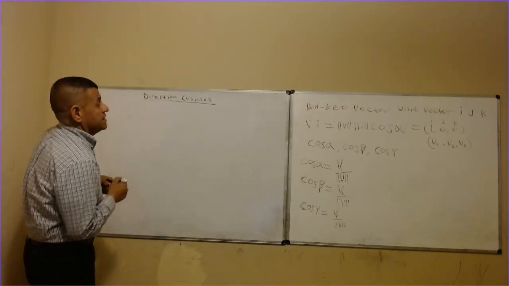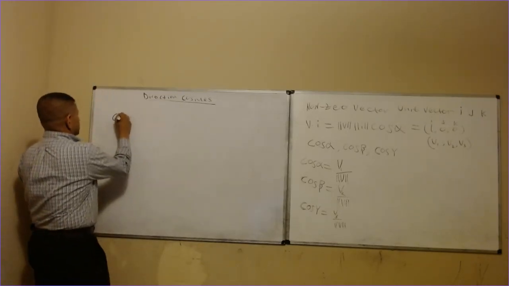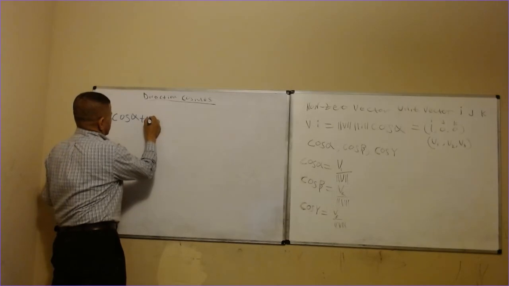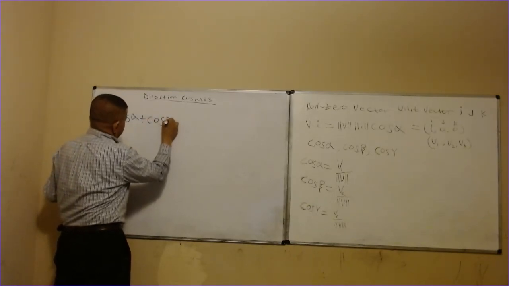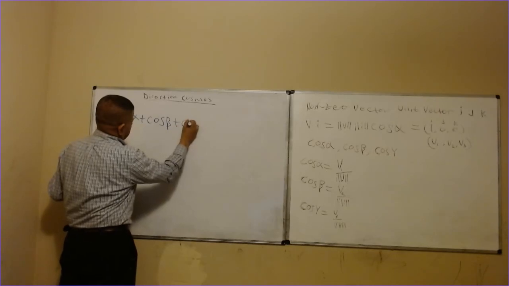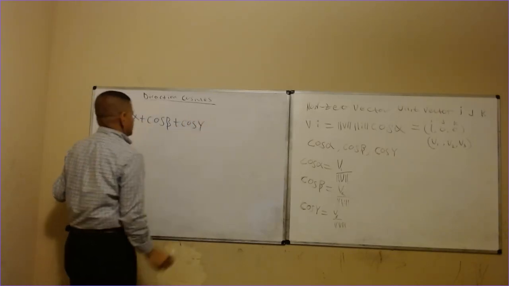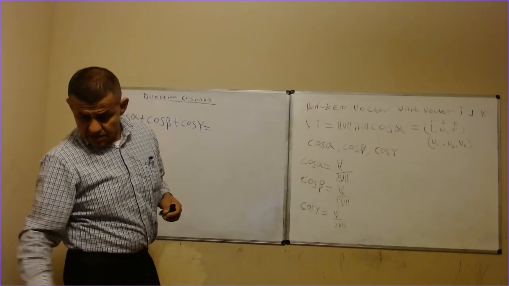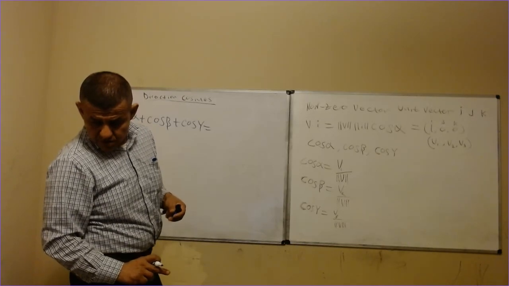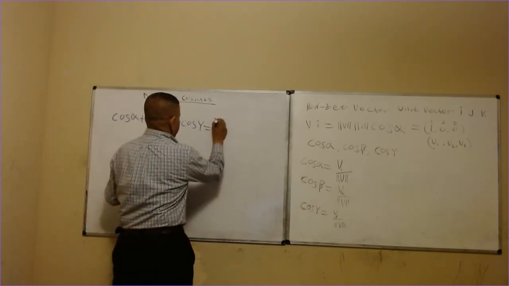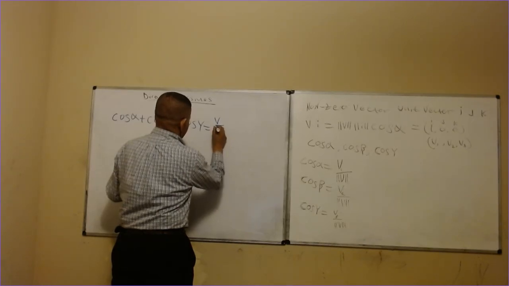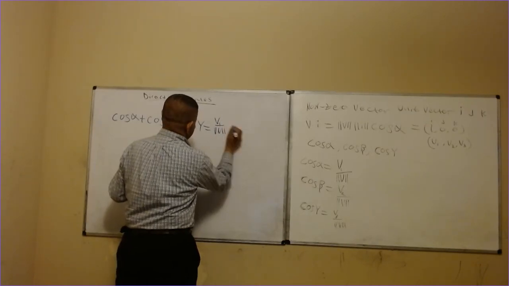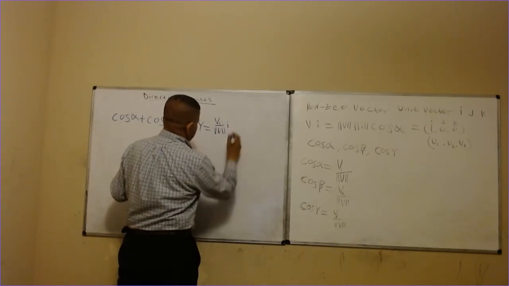We can say that cosine of alpha plus cosine of beta plus cosine of gamma is equal to V1 over the magnitude of V times I, right?